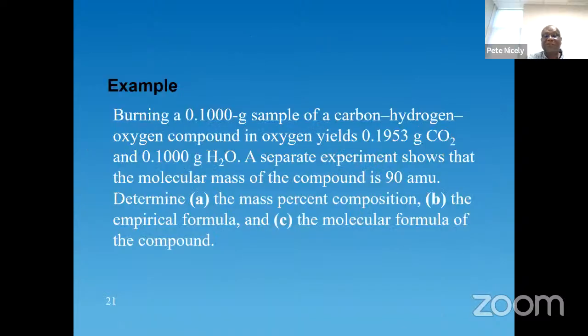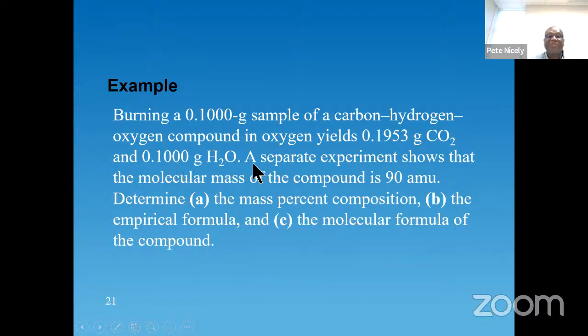Okay, so the best way to show you how the calculation is done in this sort of experiment is by going directly into an example, all right? This is the example that we'll be looking at in this topic. The question says, burning a 0.100 gram sample of a carbon, hydrogen, and oxygen compound in oxygen yields 0.1953 grams of carbon dioxide and 0.1000 grams of water.